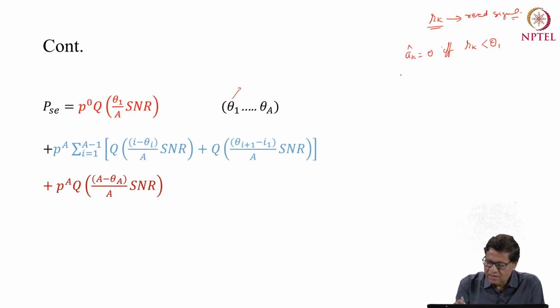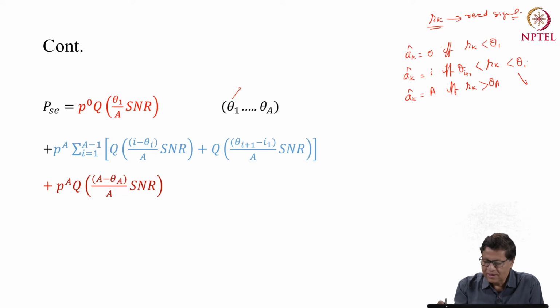And the estimate of the received signal AK is I if and only if RK lies between theta I plus 1 and theta I. And the third case is the estimated value will be taken as A if and only if RK, the received signal, is greater than theta A. And here I goes from 1 to A minus 1.